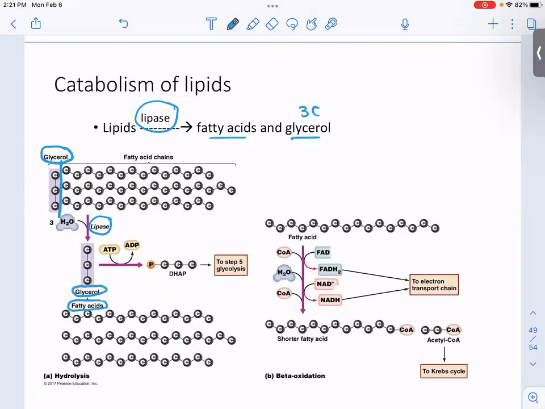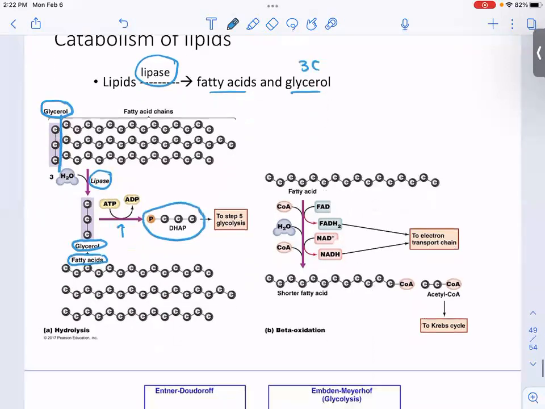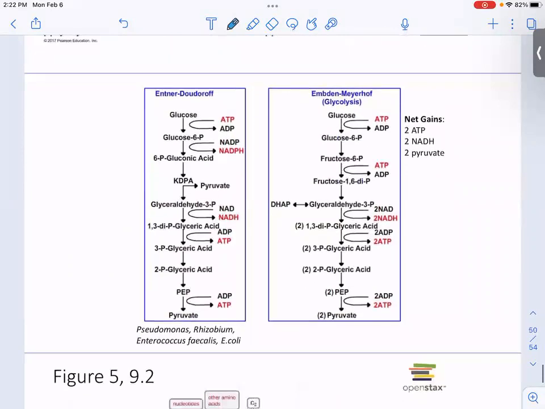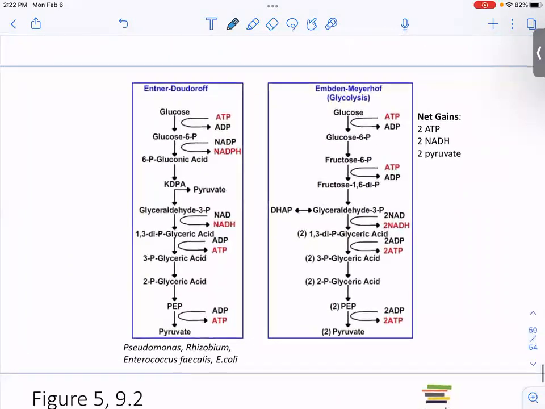So first of all, what happens with that glycerol? A little ATP has to be added in, but then we get this dihydroxyacetone phosphate. Okay, and if you remember, this was the slide that we used before when we were talking about glycolysis. That's one of the molecules that results when you split the fructose 1,6-bisphosphate.